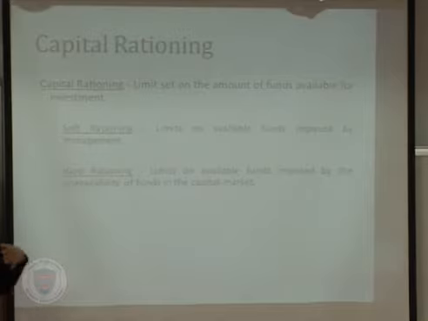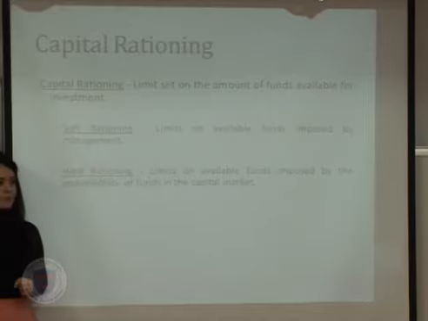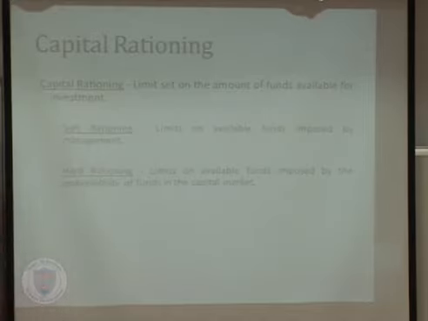Everybody does that. Companies don't spend money like crazy on investments. Or you may have hard rationing. It's basically you have to limit your funding because you don't have enough funds in the capital markets. You cannot find money to support your projects, basically.